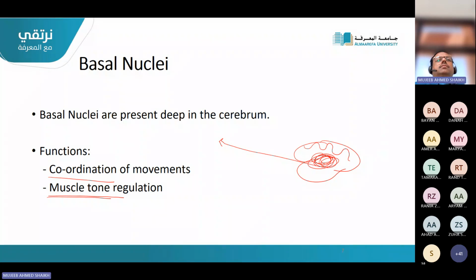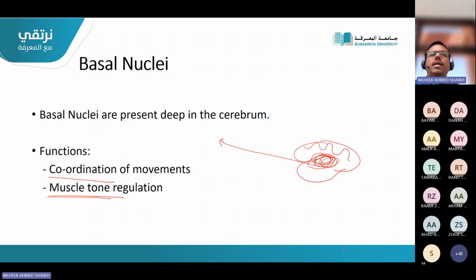Coordination means when one muscle is contracting, the second muscle should relax at the same time, or when flexion is occurring on one side, there should be some extension on the other side so that the movement will be smooth. This sequence of events is known as coordination. So coordination of movement is a function of basal nuclei.